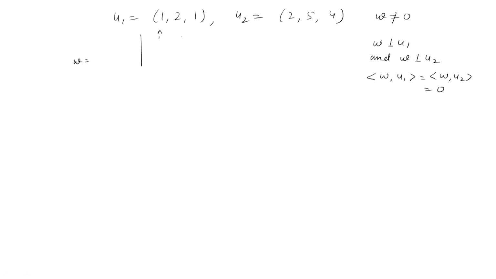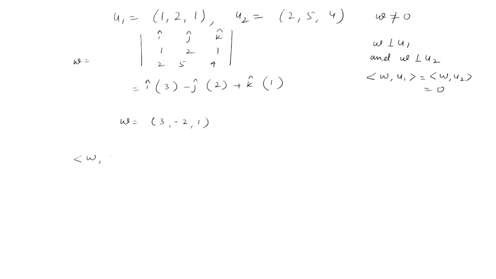Cross product of these two will be i j k, 1 2 1, 2 5 4. So, it is i cap times 8 minus 5 is 3, minus j cap times 4 minus 2 is 2, plus k cap times 1. So, we can say that w is simply 3 minus 2 1. You can check also: if you take the inner product of w and u1, it is 3 minus 4 plus 1 which is 0.